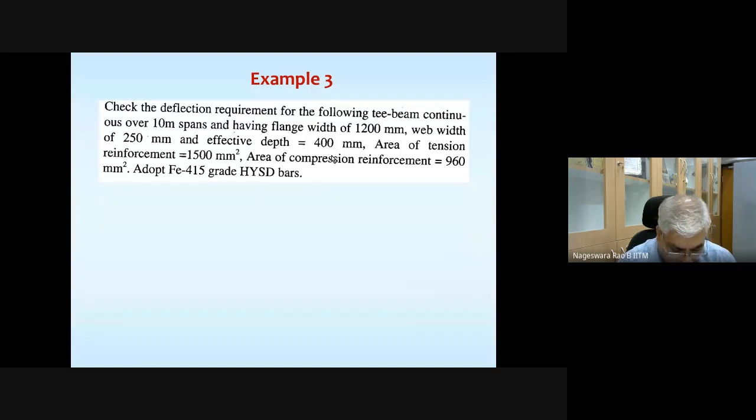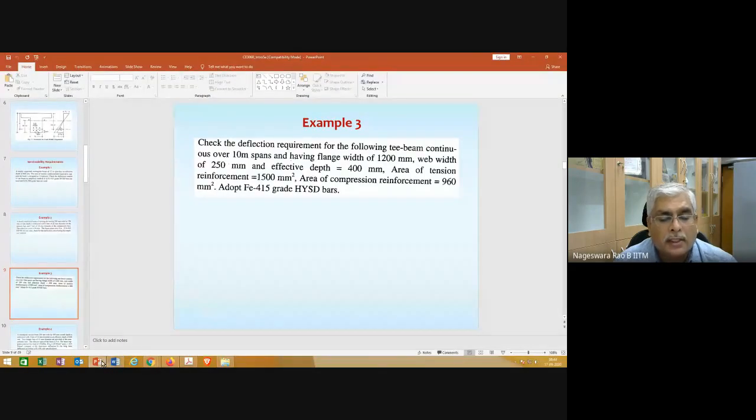I don't know whether you read properly the modification factor for tension reinforcement and compression reinforcement.